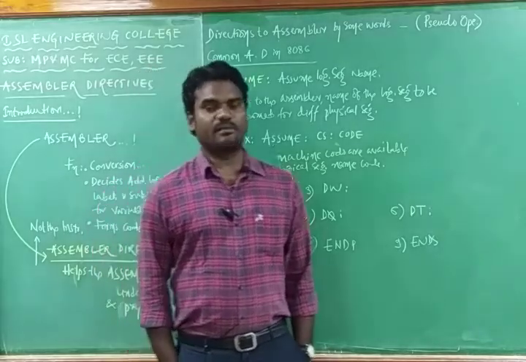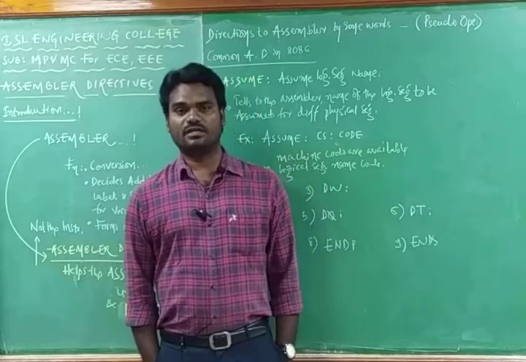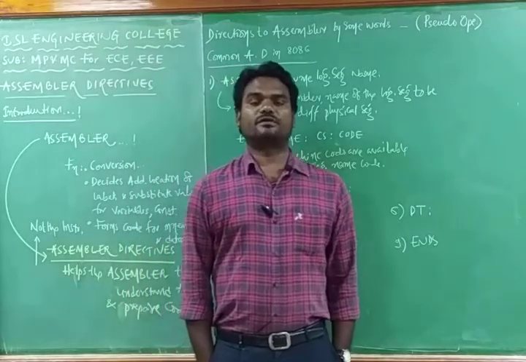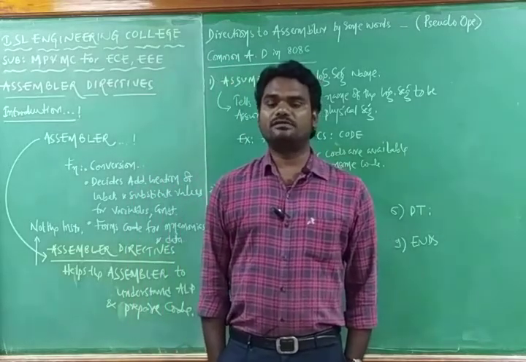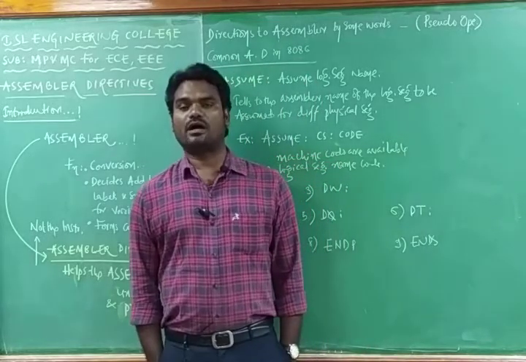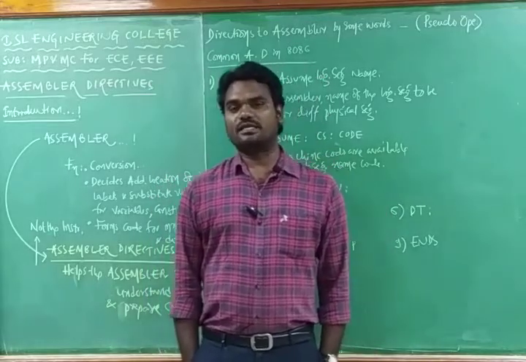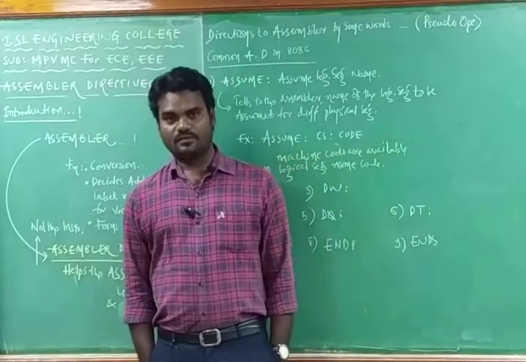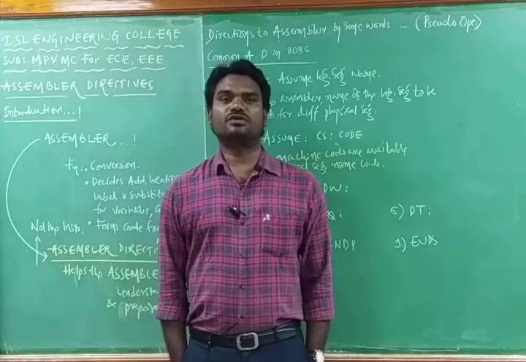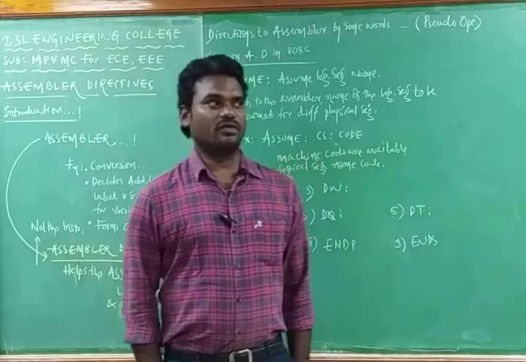The next one is the mnemonic, which is a short form of an instruction. The next part is the operands. Operand is the data on which the instruction is going to operate. And the last part is the comment.